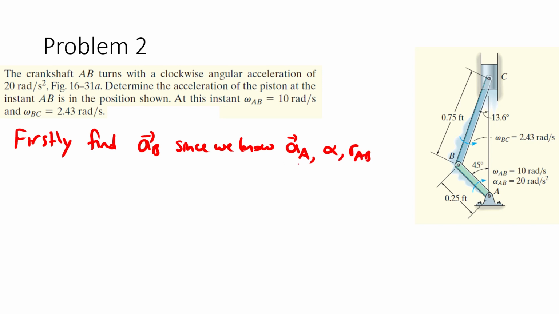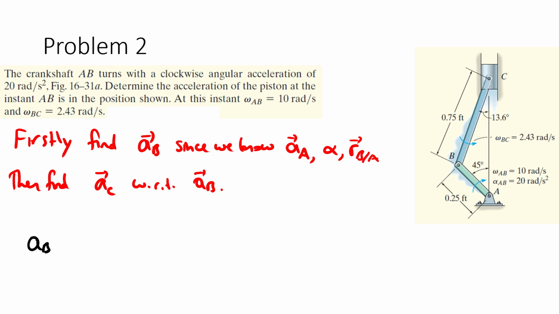Instead I can write this as B with respect to A. These things will make the solution easier. And then move to C with respect to B, then find the acceleration of C from the acceleration of B. Okay, so let's start one by one.